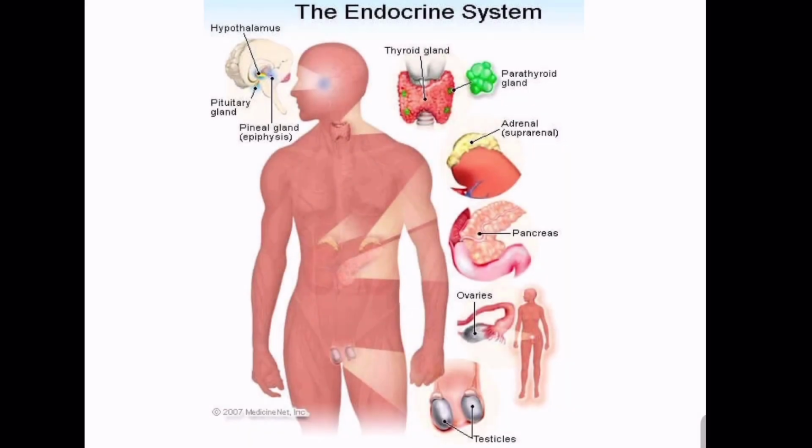This figure shows the endocrine system in the human body as a whole. In our brain, we have hypothalamus gland, pituitary glands, and pineal gland. At our neck, we have thyroid gland and parathyroid gland that attach to our trachea.